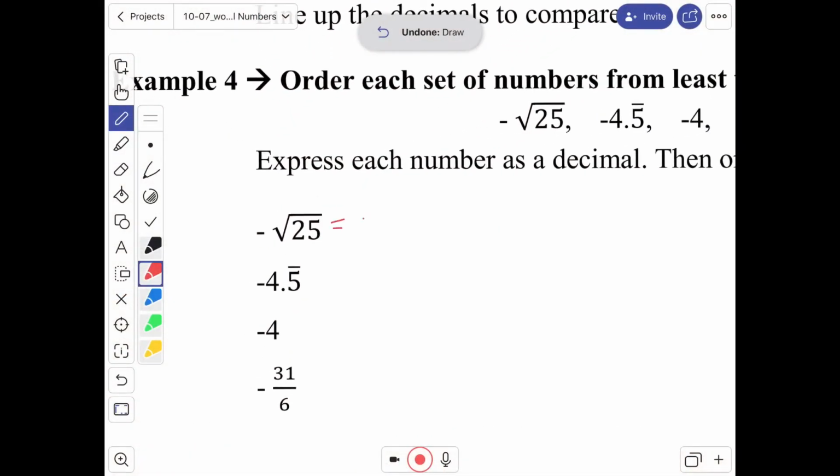It came out to negative 5 point 1, and then the 6 was repeating with a 7 at the end. That means the 6 is repeating. You can round it, or you can leave it with the bar notation.